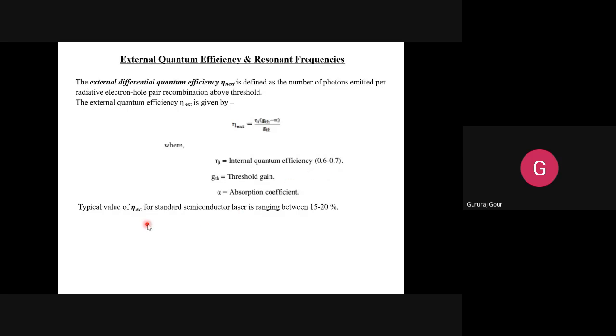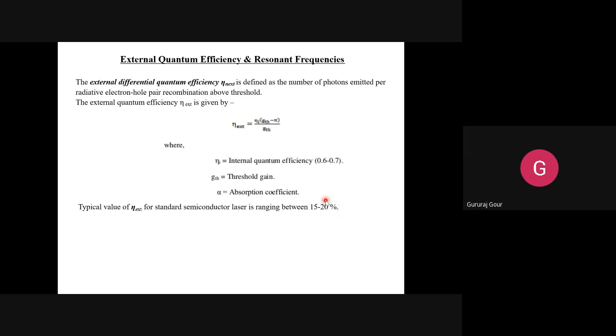The typical value of external quantum efficiency for a standard semiconductor laser is between 15 to 20% range. So if you take the internal quantum efficiency in this range with the given values, normally you will get the external quantum efficiency in this 15 to 20% range.